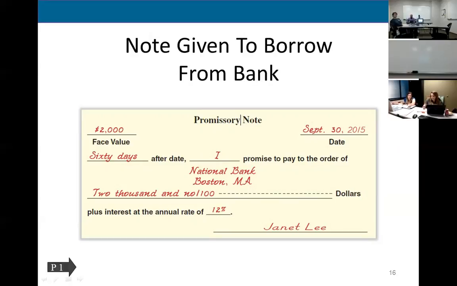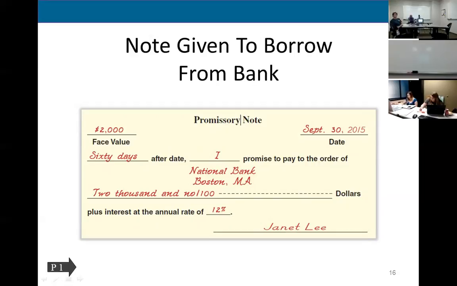Now the signer, Janet Lee, is going to promise to pay principal, or the amount borrowed. In this case, we're going to assume Janet needs $2,000 to complete a project. So she's going to go into the National Bank of Boston, sign a promissory note stating she needs to borrow $2,000 at 12% annual interest.